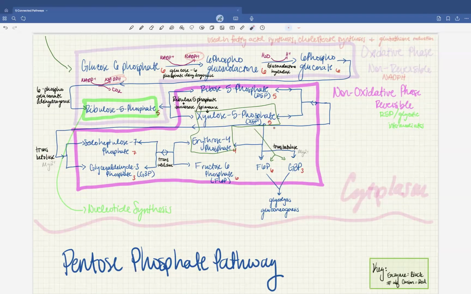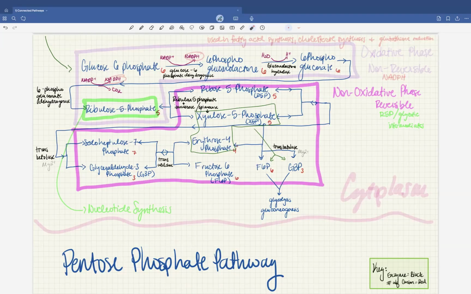And then from here, these two molecules can be converted using transketolase, which will require magnesium, into sedoheptulose 7-phosphate and glyceraldehyde 3-phosphate, which, like I've mentioned, is that intermediate in glycolysis and gluconeogenesis. And then transaldolase will convert these two molecules into erythrose 4-phosphate and fructose 6-phosphate, which, as you remember, is an important intermediate in glycolysis and gluconeogenesis.